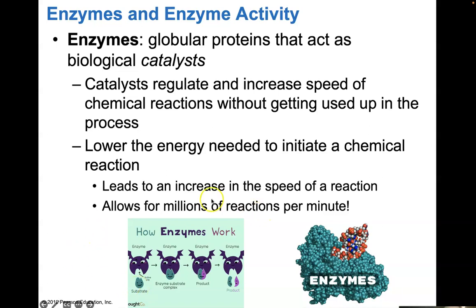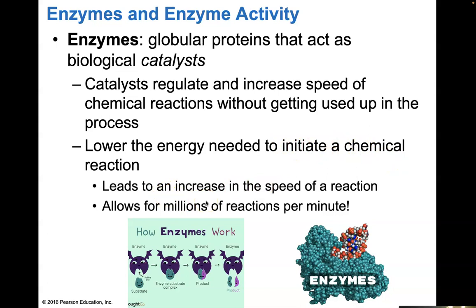And all they're simply doing is lowering what we call the activation energy that's needed to initiate that chemical reaction, okay? So this leads to an increase in the speed of a reaction. So again, all they're doing is speeding up the rate of that reaction.